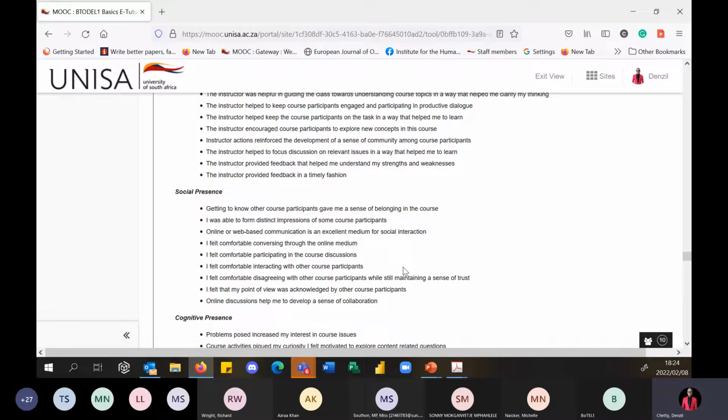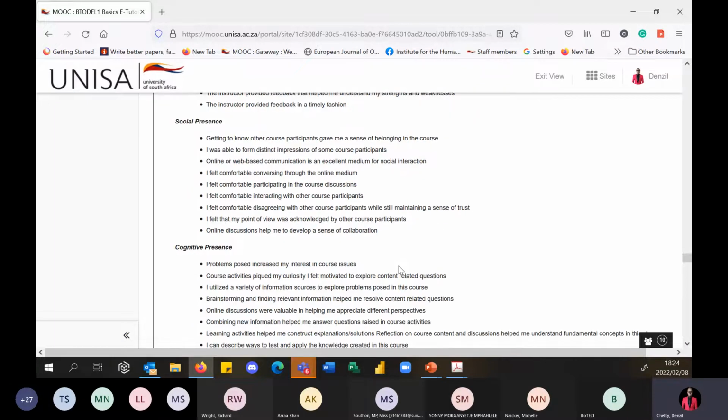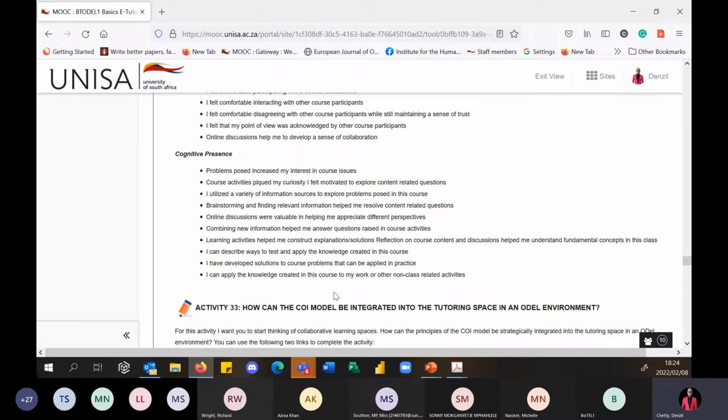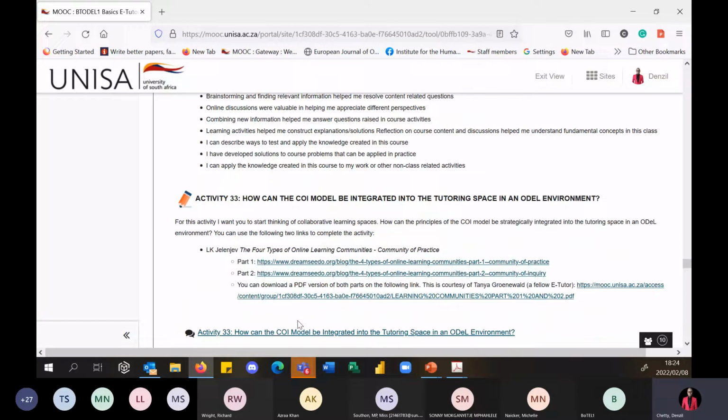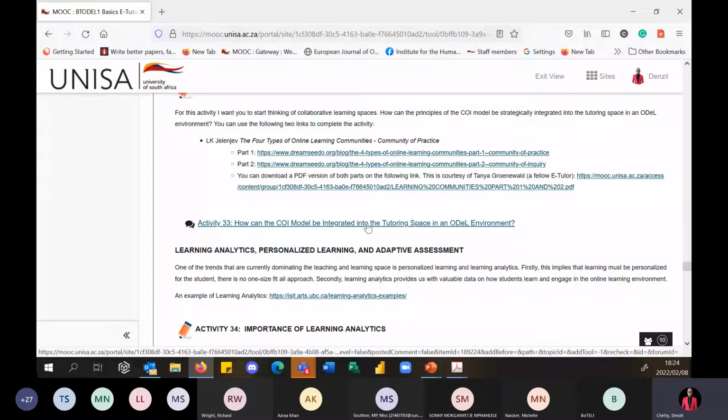So this is important. And cognitive presence is the idea of the skills that are explored in problem solving, brainstorming, mapping, etc. Right? And here, how can the COI model, the community of inquiry model, be integrated into the tutoring space, and we provide you some articles or some videos that you can actually engage with, right?